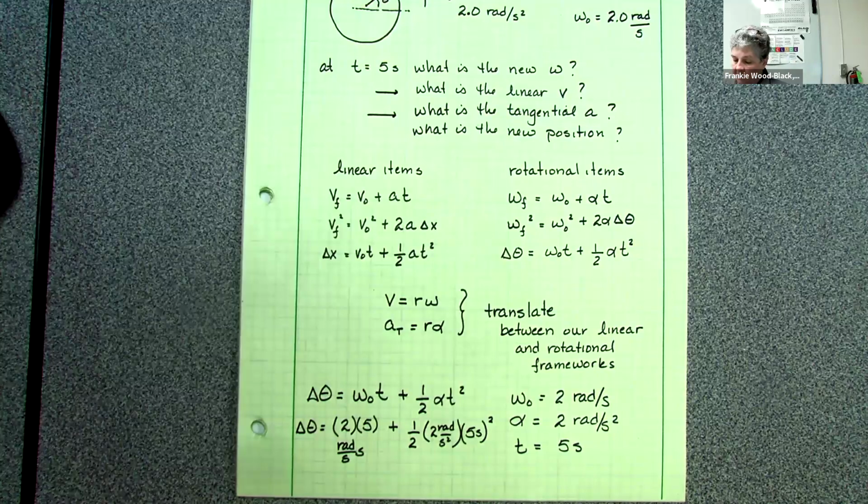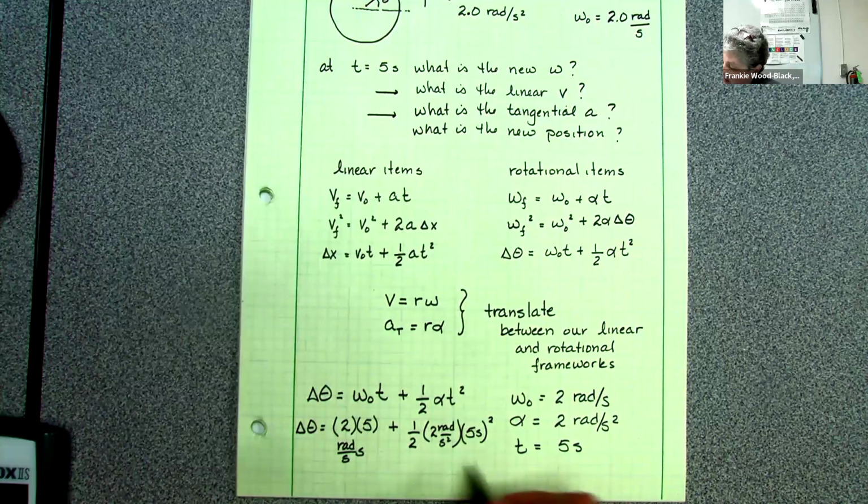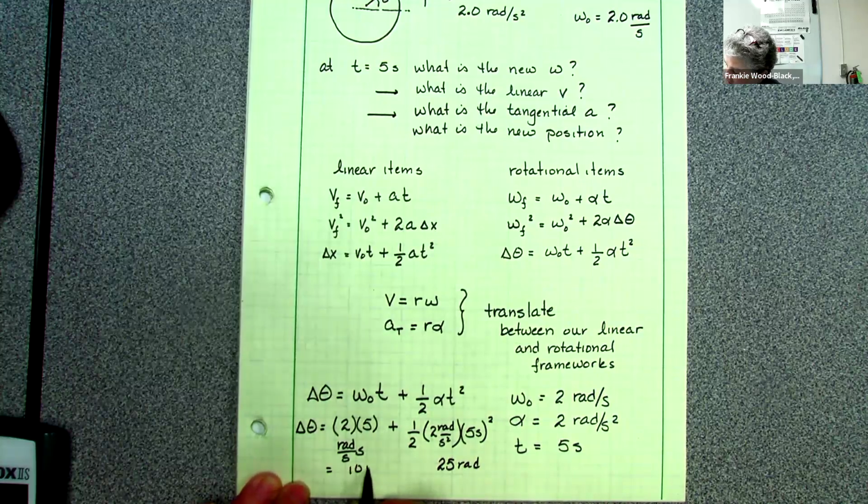This value is going to be 25 radians, and that value is 10 radians. So my total change in angle is going to be 35 radians.